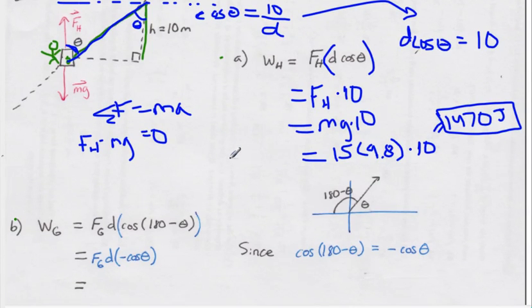Okay, so now let's think about what work gravity is doing on the backpack. The work done by gravity, since gravity goes downwards, is kind of this way. So the new axis of motion, let's get rid of some of this stuff I had for the first part.